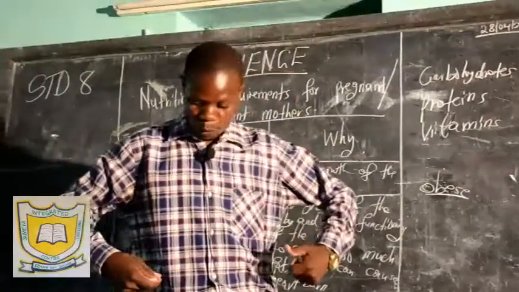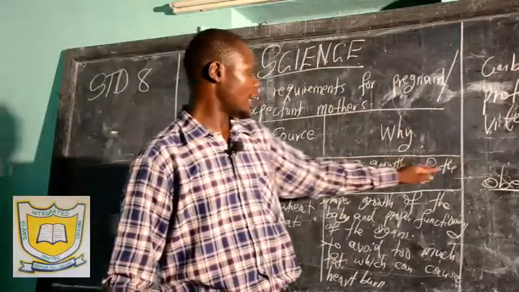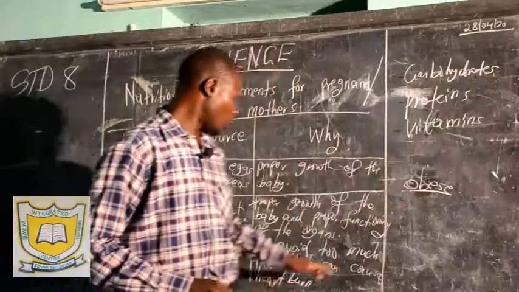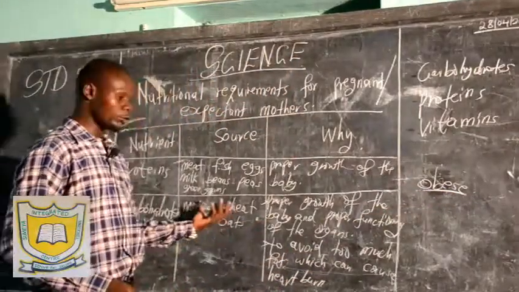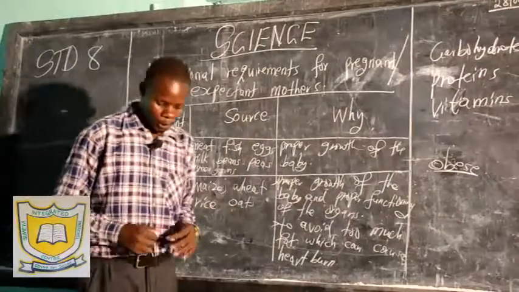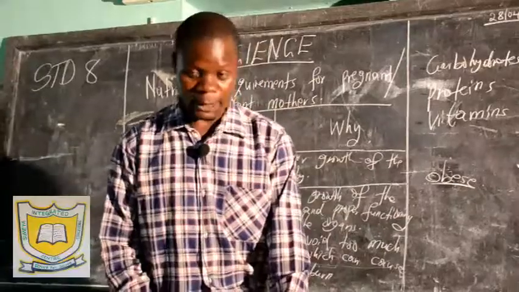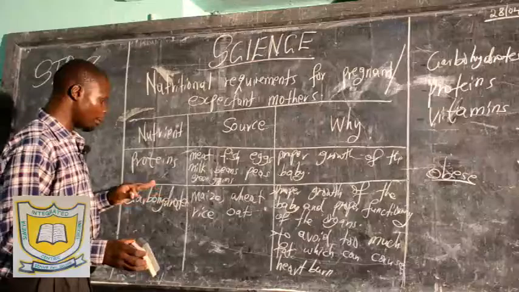So when you grow too fat, or the baby grows too fat because of a lot of proteins, the baby becomes obese. So how can you avoid obesity or heartburn or growing too fat? It means that take a lot of carbohydrates to balance your nutritional value, or the nutrients that are required by an expectant mother. Now, next, this is protein and carbohydrates.